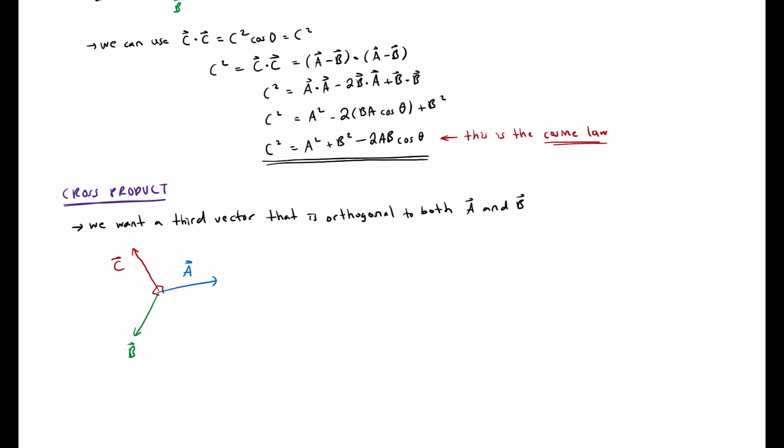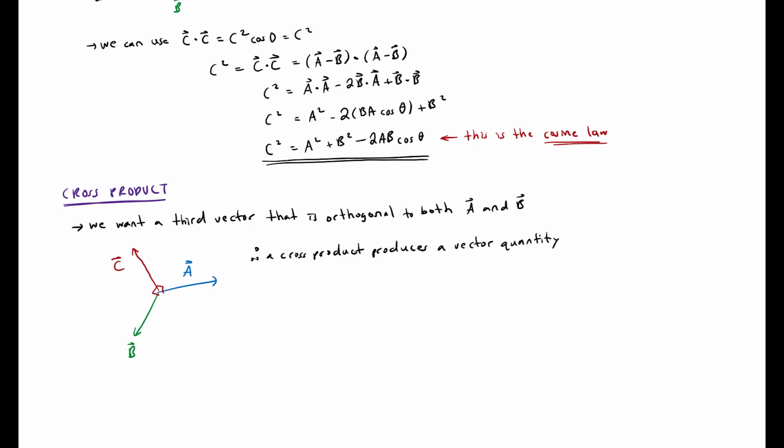And because it has a direction, therefore a cross product produces a vector quantity.